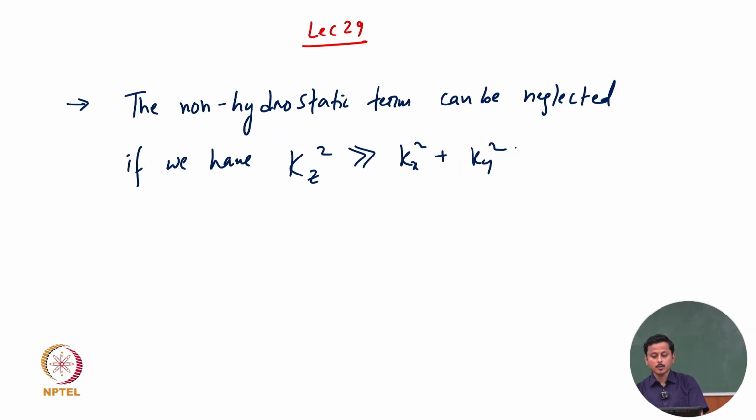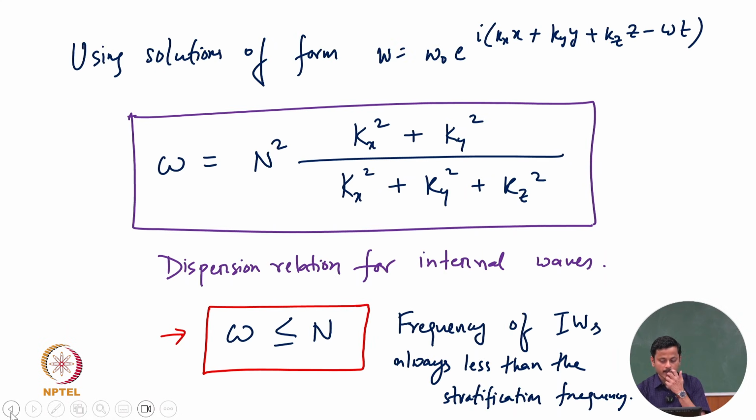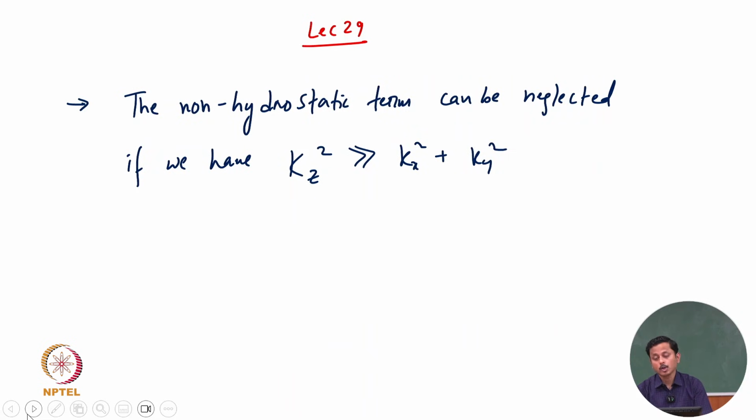Please remember that this combination of kx squared plus ky squared appears in the numerator, while the summation kx squared plus ky squared plus kz squared appears in the denominator. So in cases of very small waves, that is very large wave numbers, we can neglect the non-hydrostatic term, that is we can neglect the vertical accelerations.